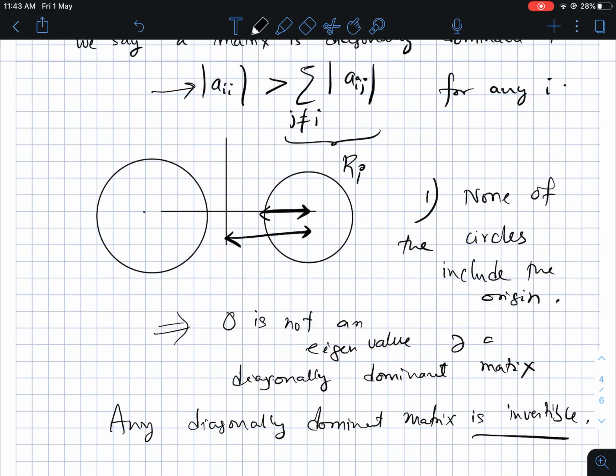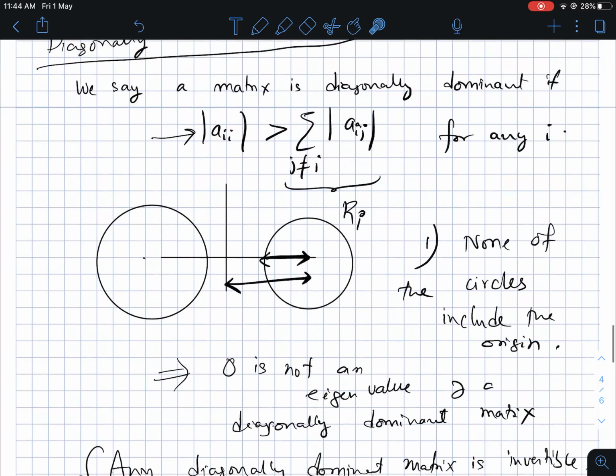By the way, if you're given this and asked to prove this, you would have used exactly the same techniques as you used in the proof of the Gershgorin circle theorem. You would construct an x such that Ax equals 0 and try to apply absolute values and see if it works out or not. It's precisely what you did in the proof of the Gershgorin circle theorem also. Anyway, so that's the main idea. Any diagonally dominant matrix is invertible.